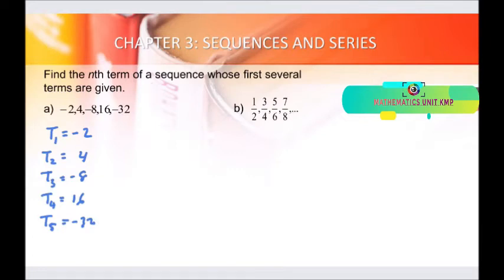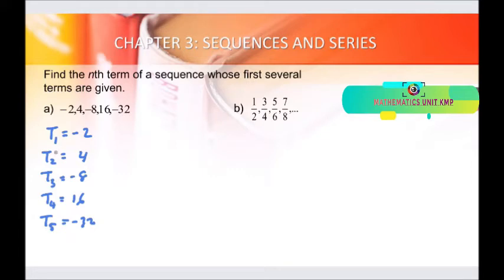So if we look at here, we have 2, 4, 8, 16, and 32. So to get 2, it's either 2 times 1 or 2 to the power of 1.